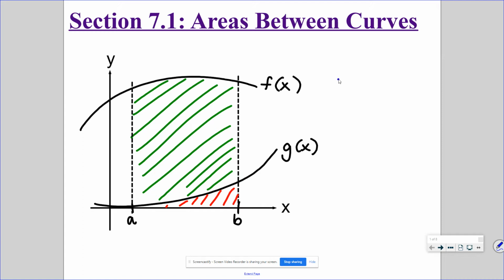So it's going to look like from a to b, the area under f of x minus the area under g of x. You can put it in one integral rather than separating into two different ones. And that's basically it.